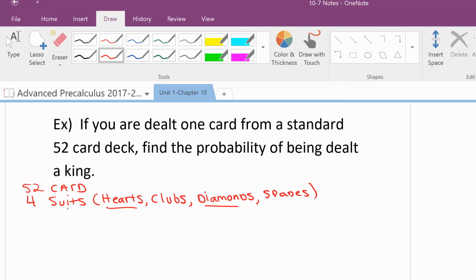There's 13 cards in each suit, because 4 suits, 52 cards. So there's 13 cards in each suit. There's 3 picture cards or face cards in each suit.